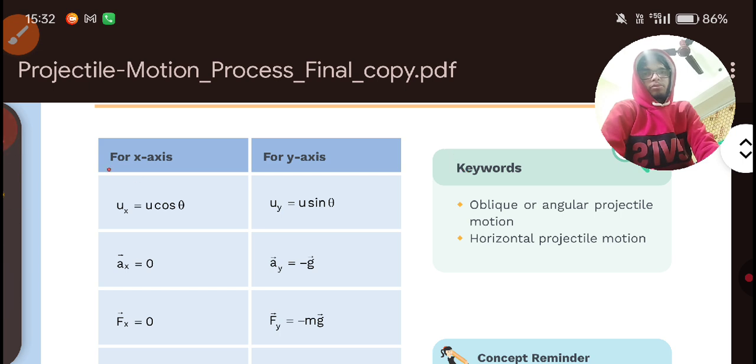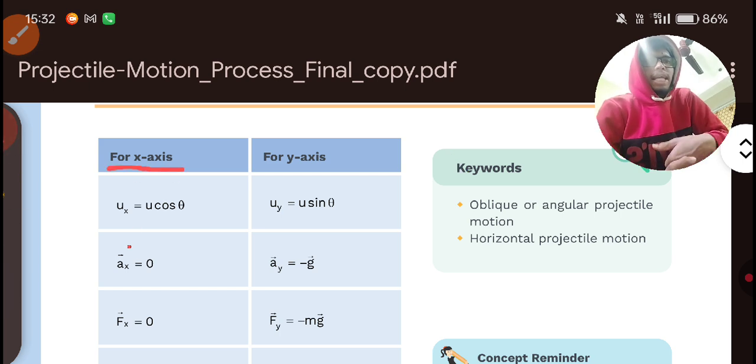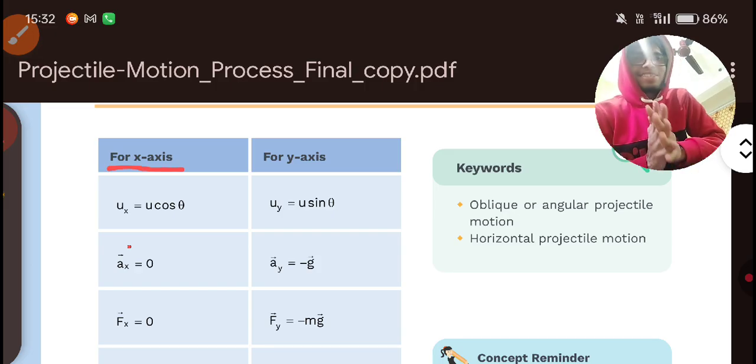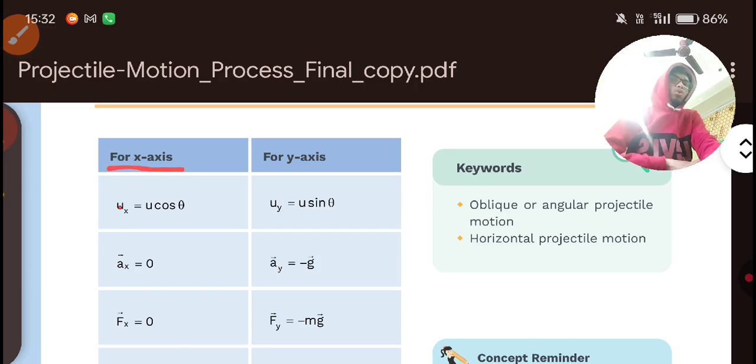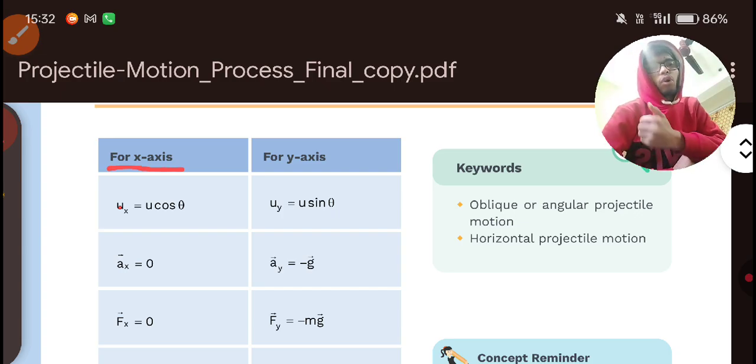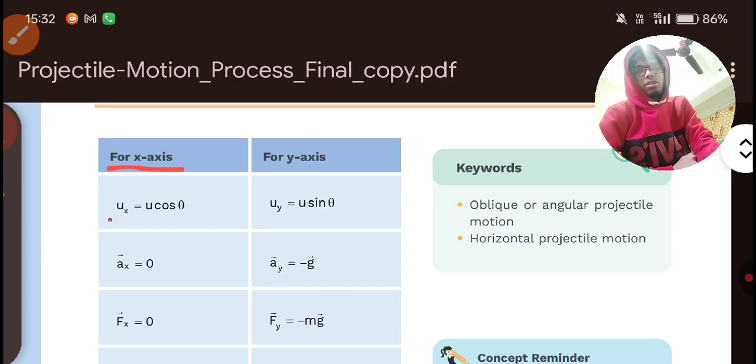For the x-axis, we consider the horizontal line as u cos theta. Here u means the initial velocity of the thrown object, so ux is u cos theta for x.